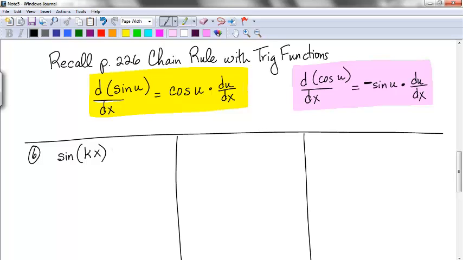So we're actually looking right here. I'm giving you the derivative, but did I give you a negative sign? No, I gave you sine. So what's the antiderivative going to be? Negative. So it's negative cosine of kx divided by k, and then plus some constant.